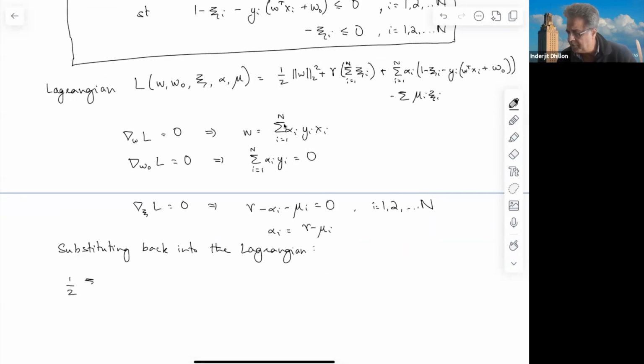Half of the summation of alpha i, y i, x i, so that is w. And I'm doing the norm squared, so half of w squared, where w is of this form. And then I have the summation of psi i times gamma, so I need to substitute gamma from here.